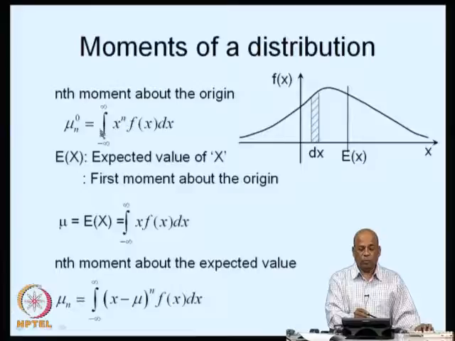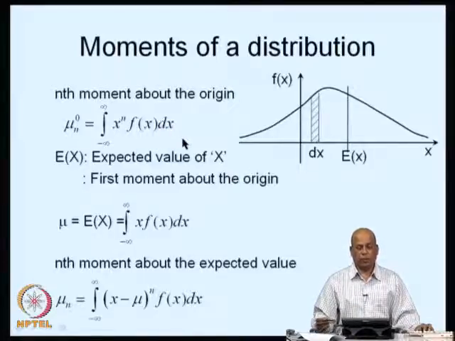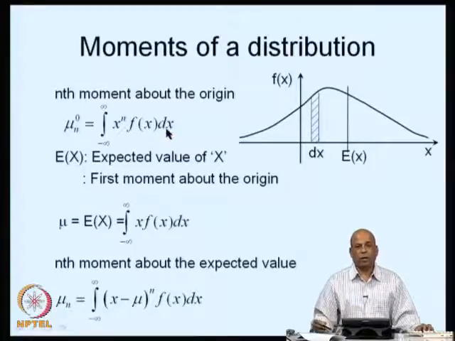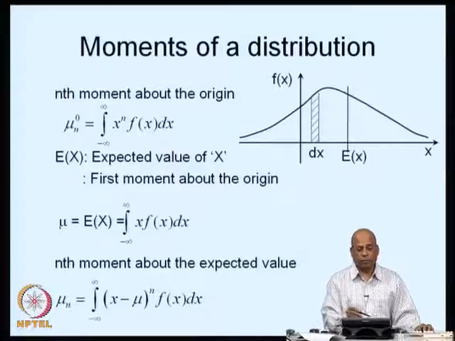So, we define the nth moment about the origin, denoted as mu n o, as the integral from minus infinity to plus infinity of x to the power n into f of x dx, where f of x is the PDF. So, we are defining the moments of the probability density functions. The nth moment about the origin is simply the integral from minus infinity to plus infinity of x to the power n f of x dx. Let us take the first moment.